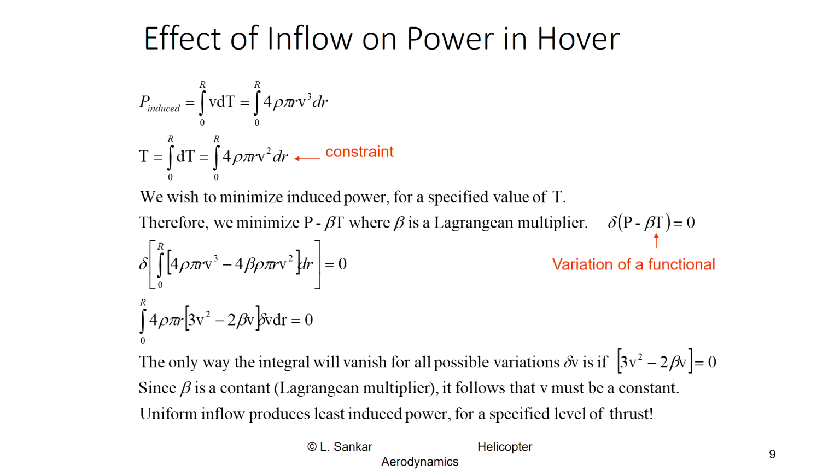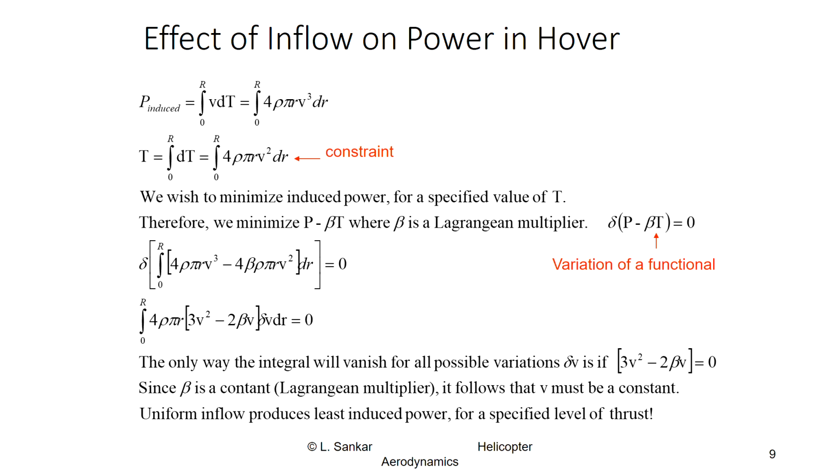Since the boundaries of the integral are constant, 0 to capital R, you can take the delta of the integrand. So v cubed will become 3v squared times delta v. V squared will produce 2v times delta v. When you do that, you'll get an expression that is shown in here. So this should become 0.